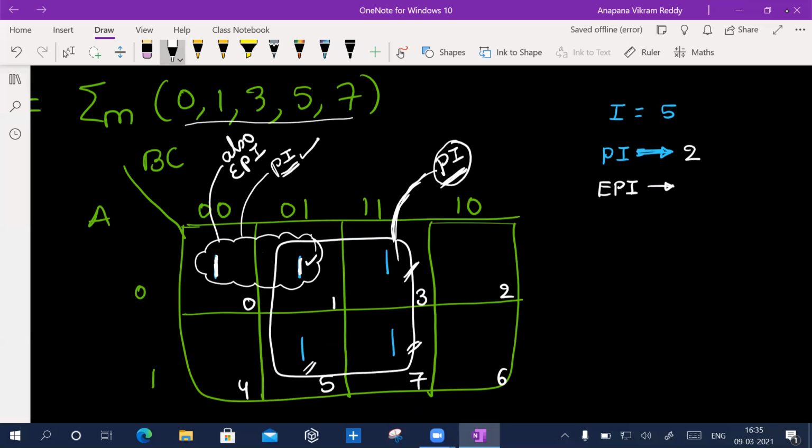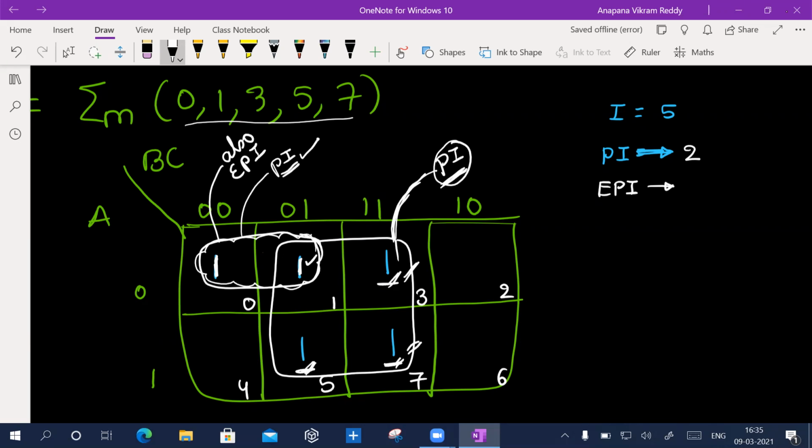In this quad, this 3 cell, 7 cell, and 5 cell, these ones are again uncovered with any other PI. Yes or not? Because any other PI is what here, I have only this other PI, right? So this other PI, these ones, this one, and this one, they are not covered. So therefore, how many PIs? I mean, how many EPIs you have?